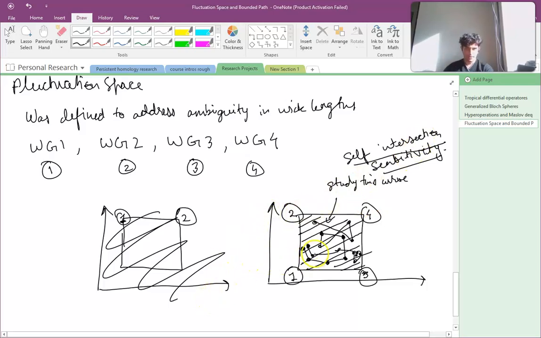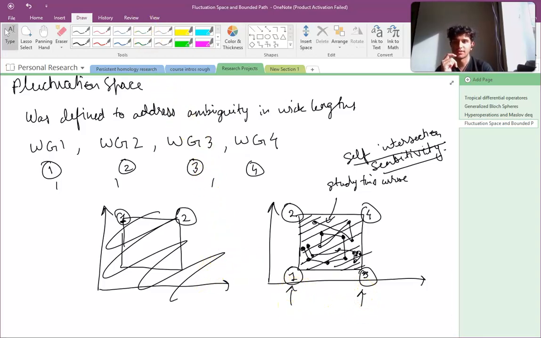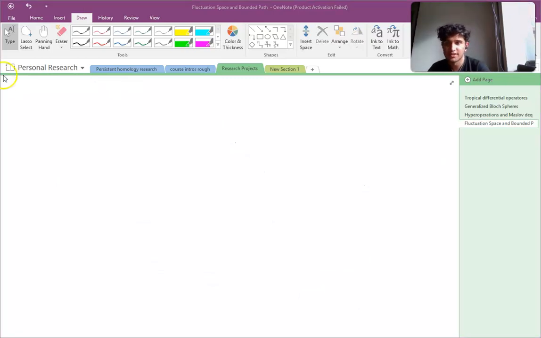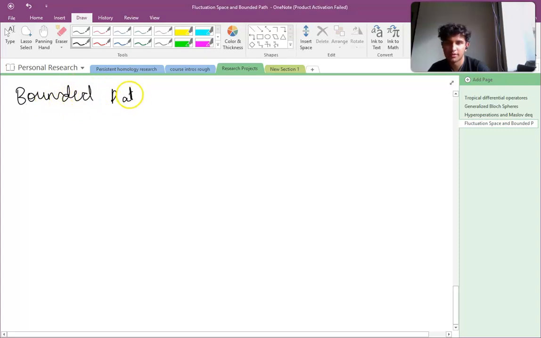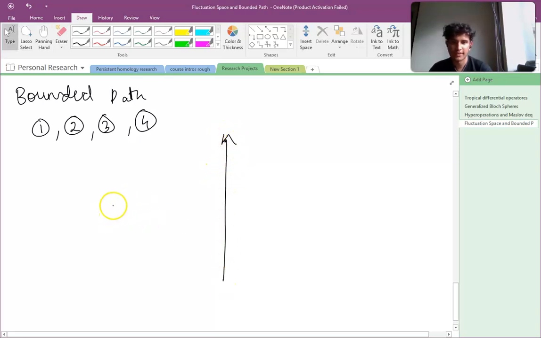And so another approach, over here I have taken the same 1, 2, 3, 4 as points. The other approach, which is very similar, is the bounded path. Instead of taking 1, 2, 3, and 4 as points on some space, I am going to define some plane like this.